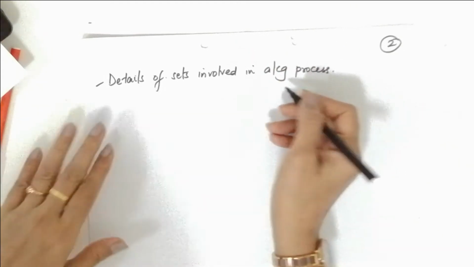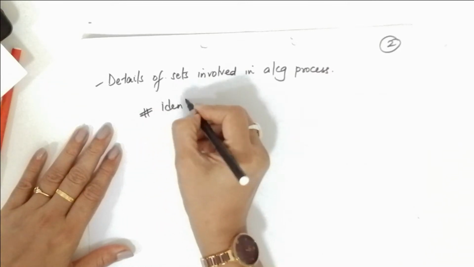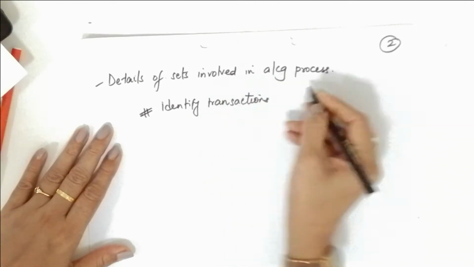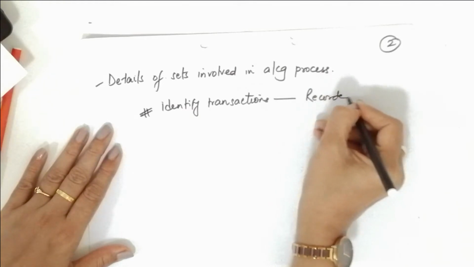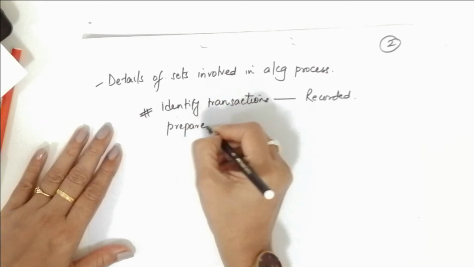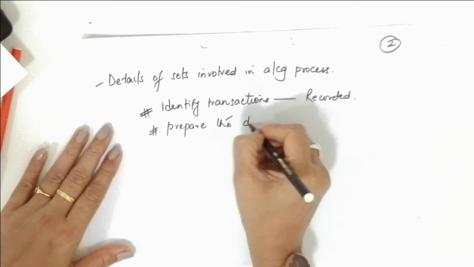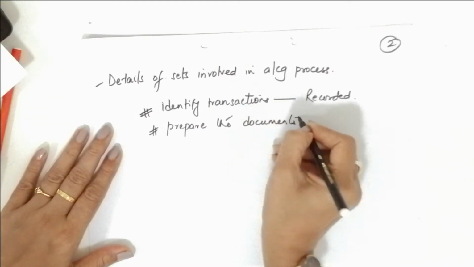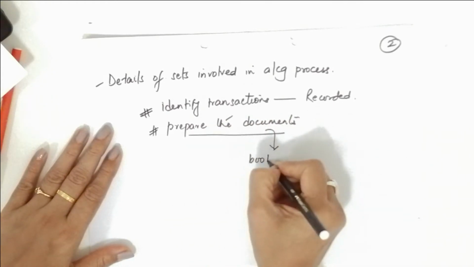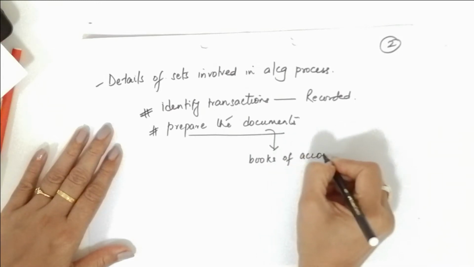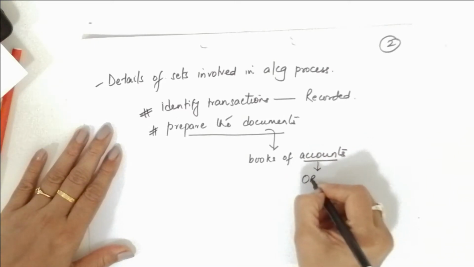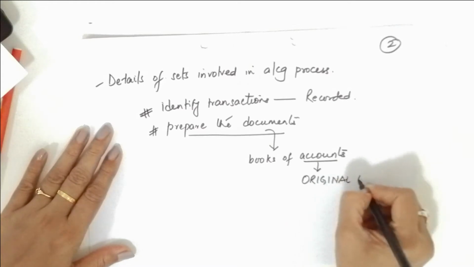First we need to identify transactions which need to be recorded, and then we have to prepare the documents. These documents will be recorded in my books of accounts. I have to begin with my books of original entry.